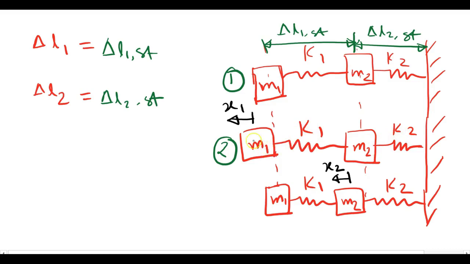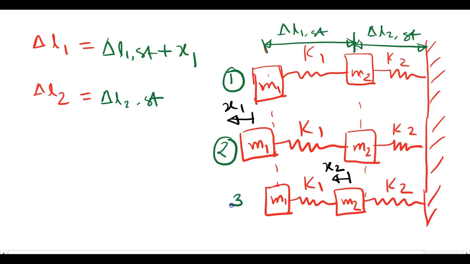When M1 moves to the left side, it will not have any effect on K2, so we don't write anything here because there is no effect on K2. However, spring 1 will be extended, so we write for spring 1 as del L1 static plus x1, plus because it is extended, and x1 because this is the displacement M1 had.